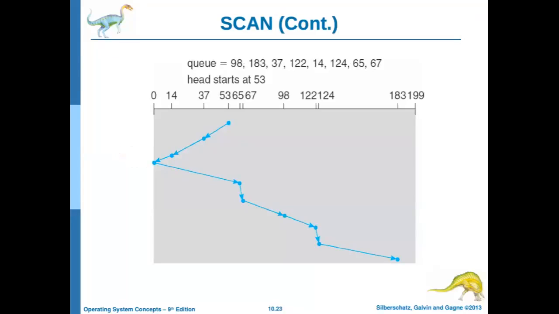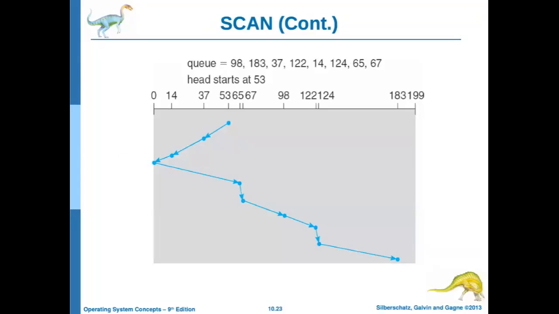So now have a look at this. The same example, same queue, head will start at 53. Now it will select one end. Now for example here, what is selected is from 53 to 0. Okay. So now it will start traveling to the beginning, that is cylinder number 0.